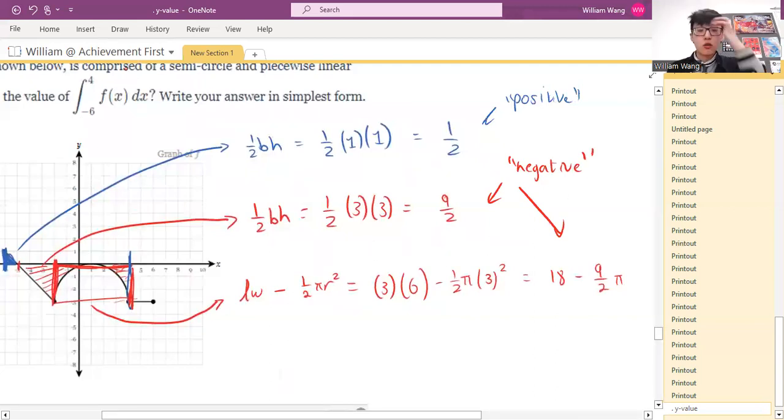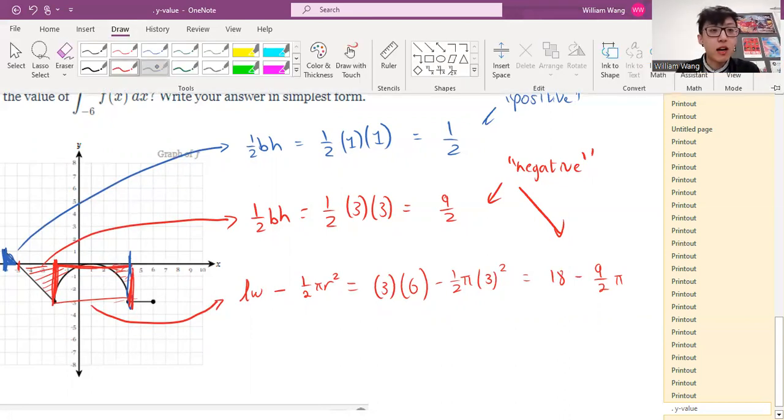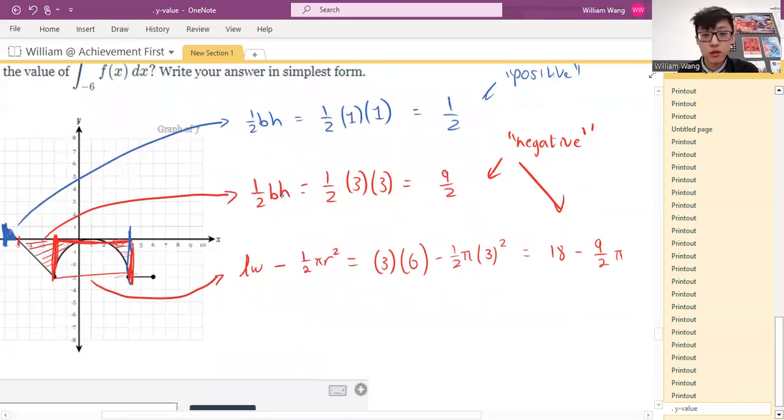What I was about to say earlier is note, first I calculate everything as if it's positive. Then at the very last step, I take into account whether it's actually positive or negative. So for example, this 1/2, I'm going to keep it as 1/2 because it's positive.